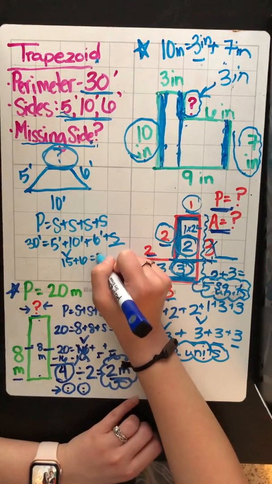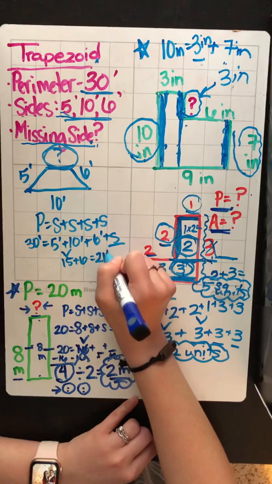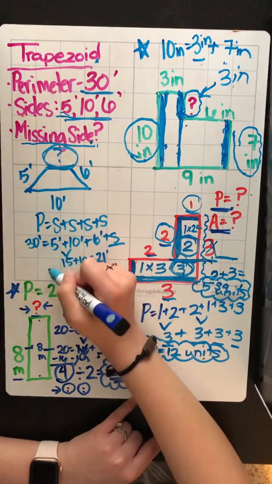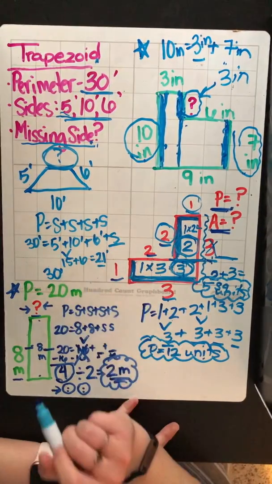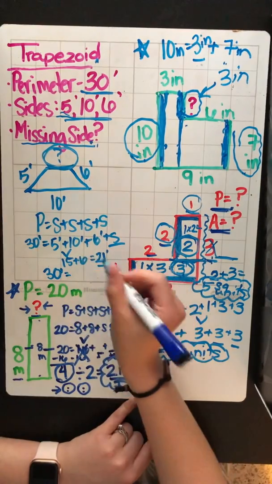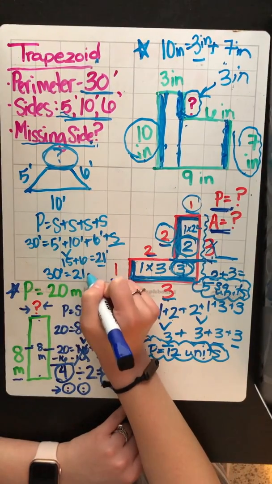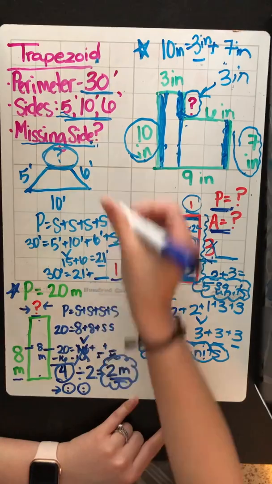So I know the side lengths that I already know are 21 feet. So my whole perimeter is 30 feet. I know 30 equals 21 feet plus my missing side.